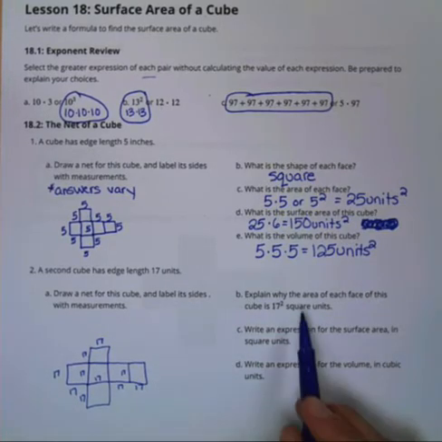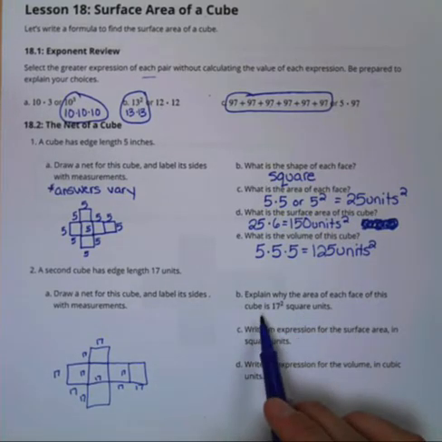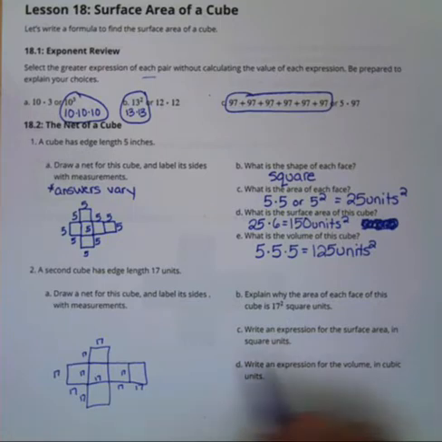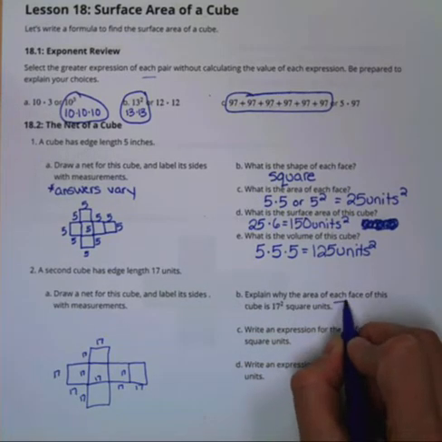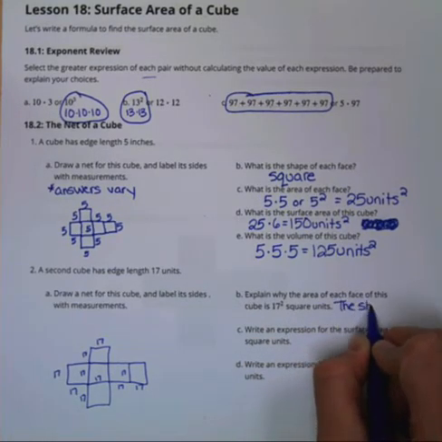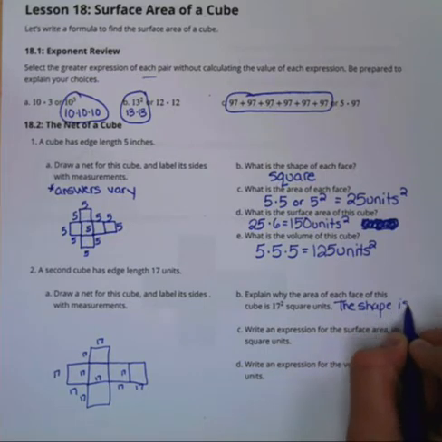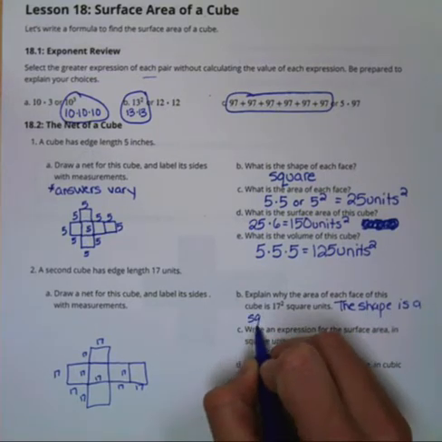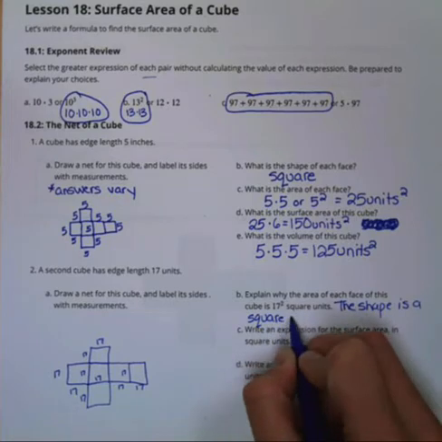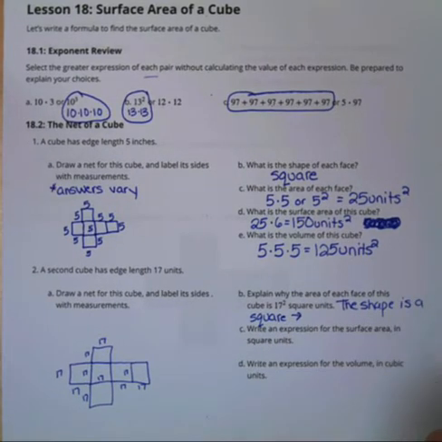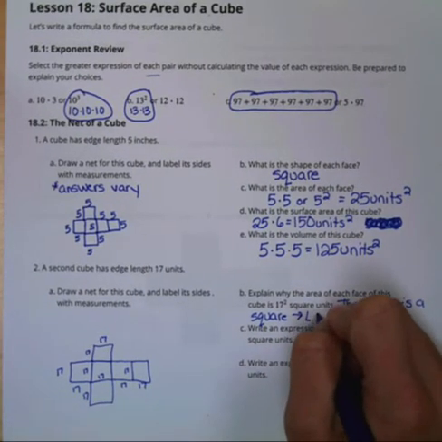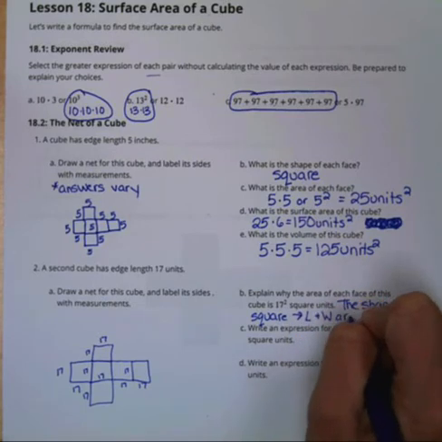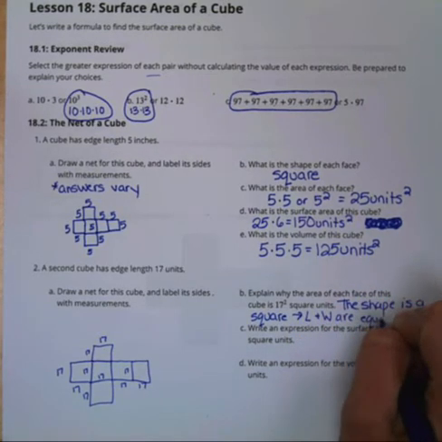Explain why the area of each face of the cube is 17 squared square units. Well, the shape is a square, so that means the length and width are equal to each other.